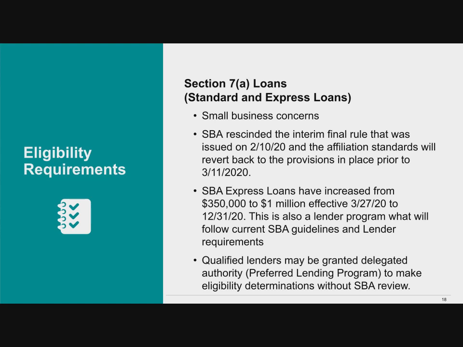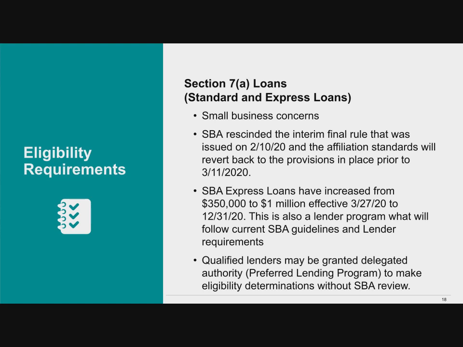I want to get into quickly the difference between delegated and non-delegated. Non-delegated lenders are required to submit their 7(a) applications to the processing center for the SBA to approve it on eligibility and approve it on underwriting. That takes anywhere from 7 to 14 to 21 days, depending on how the centers are staffed.